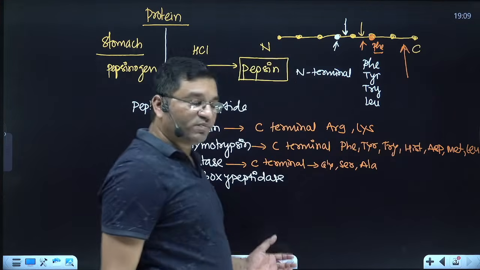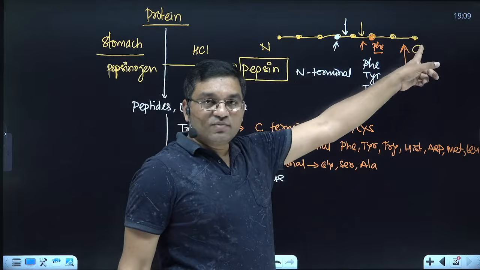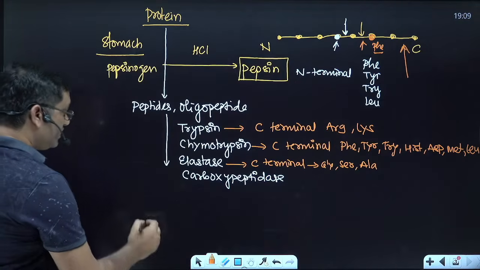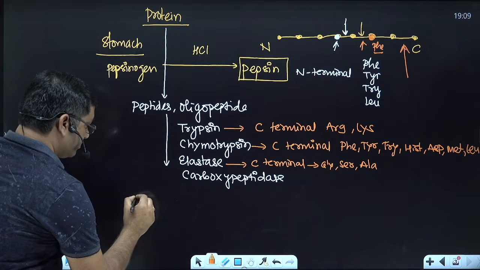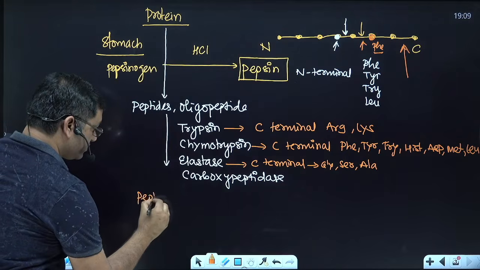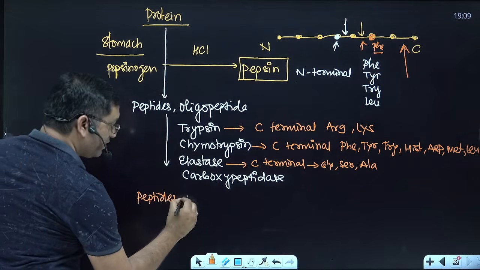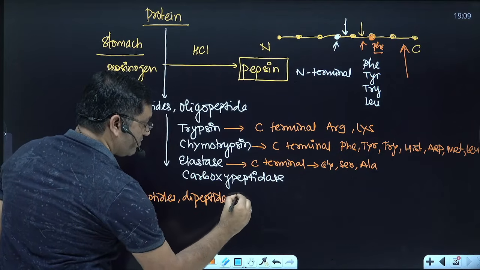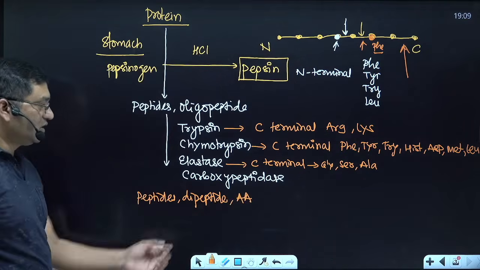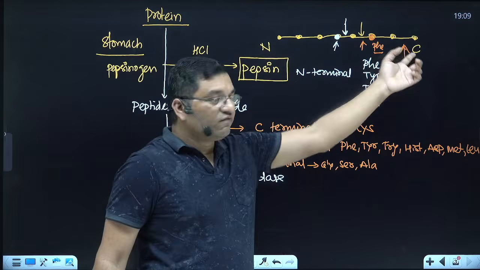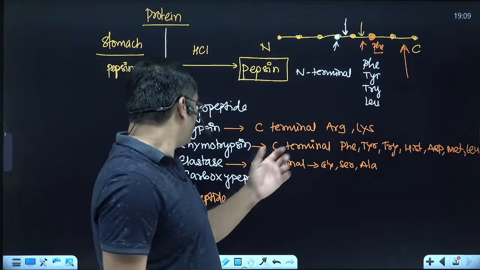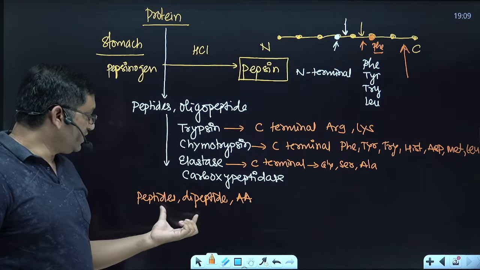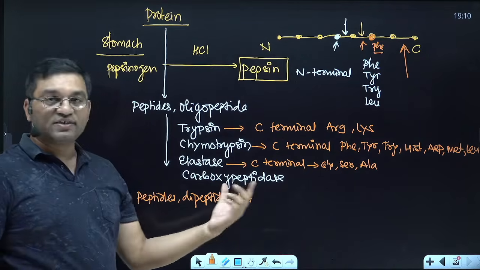This is exopeptidase, so it will act on this carboxyl terminal amino acid, and there is formation of smaller peptides, dipeptides, amino acid, free amino acid liberation. Carboxypeptidase will remove the free amino acid. So there is formation of peptides, dipeptides, and amino acid.